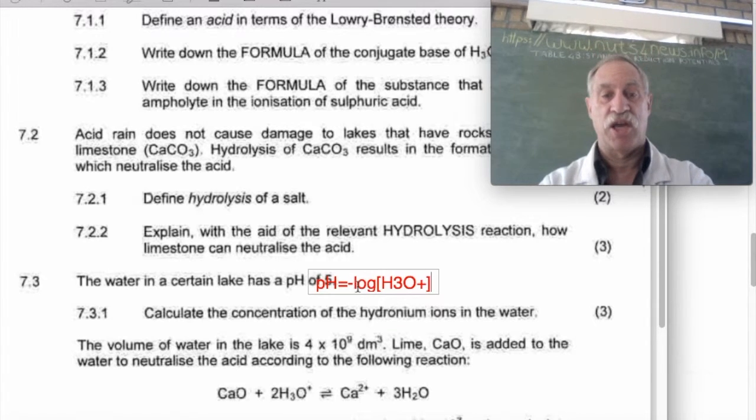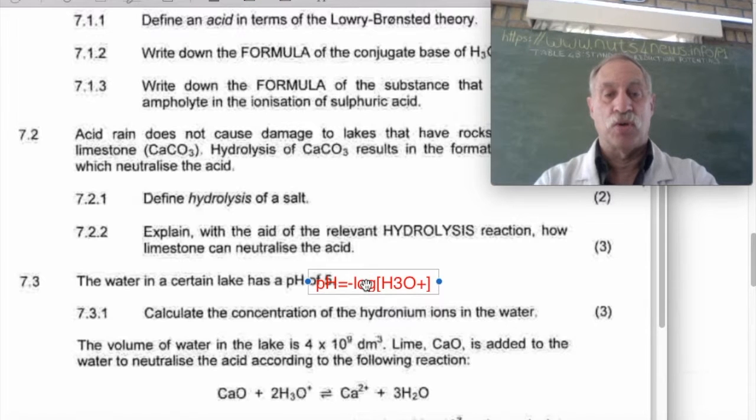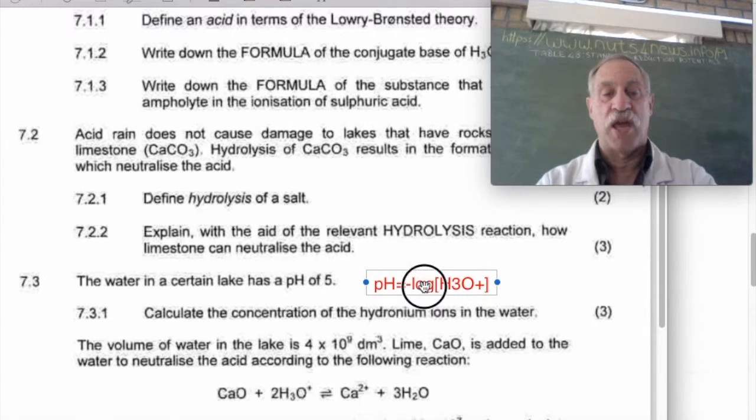So that is what pH is. Negative log of the hydrogen ion concentration. Now what you've got to be able to do is go from a pH of 5 to the hydronium ion concentration. So how do we do it?